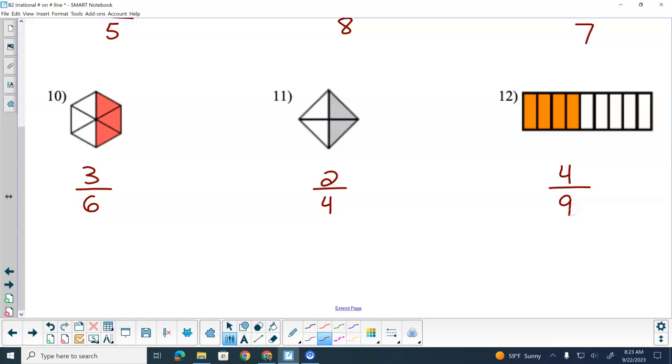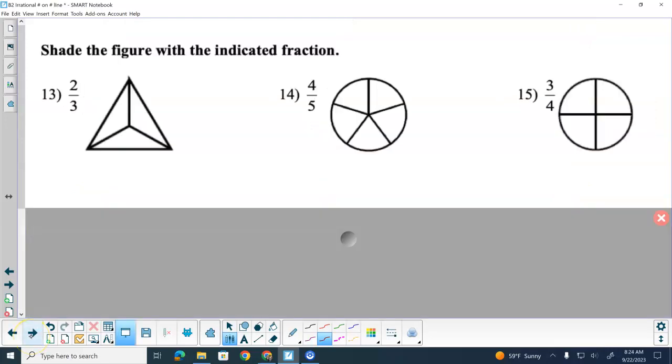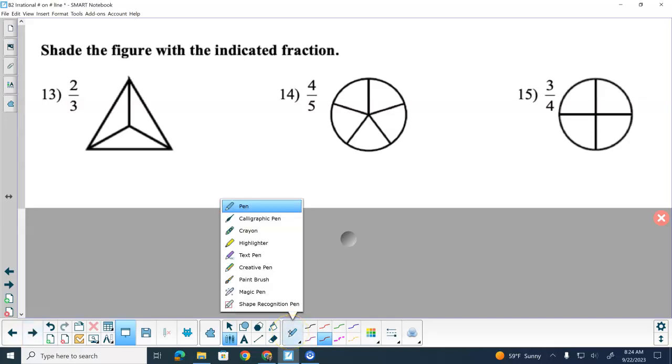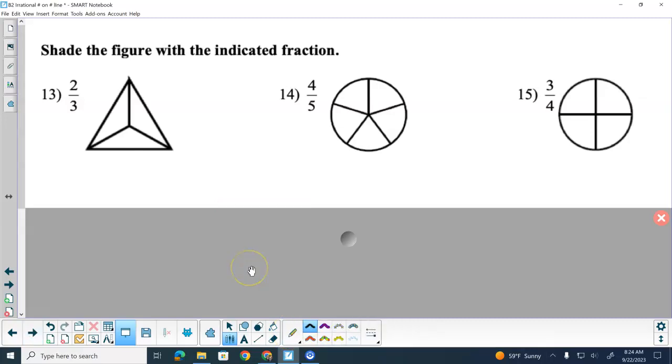Okay? So what I would like now in these next ones is you get to do a little coloring. We want you to shade in the fraction that's there. So if it's 2/3, that means we have 3 total pieces, which is correct. I want 2 of them shaded. And I am going to shade with my creative pen.